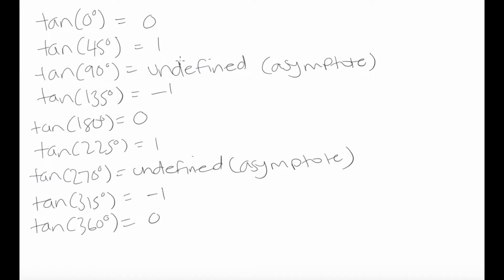So we can see again, like our sine and cosine graphs, that we're going to be fluctuating between values of 0, 1, and -1. And the main difference is we're going to have these two asymptotes in the tan graph when we are looking at 0 to 360 degrees. And we're going to see that the tan graph is very, very different looking to the sine and cosine graphs.